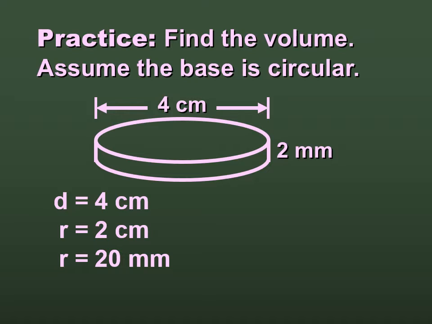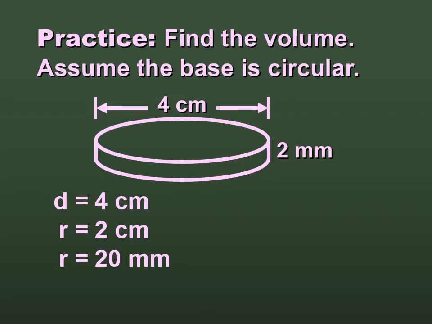Millimeters is smaller than centimeters, so for every 10 millimeters, we get 1 centimeter. If we have 2 centimeters, that means we have 20 millimeters. So our radius is actually 20 millimeters, the same thing as 2 centimeters, but we're converting to keep the units correct.